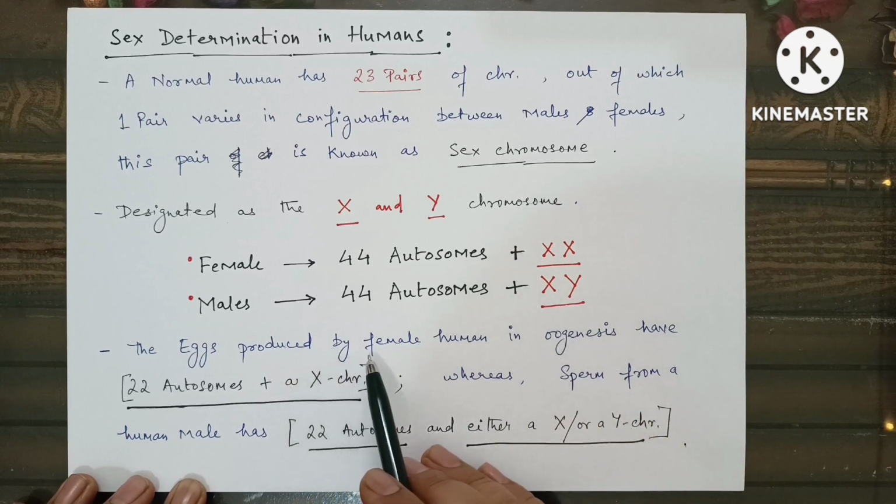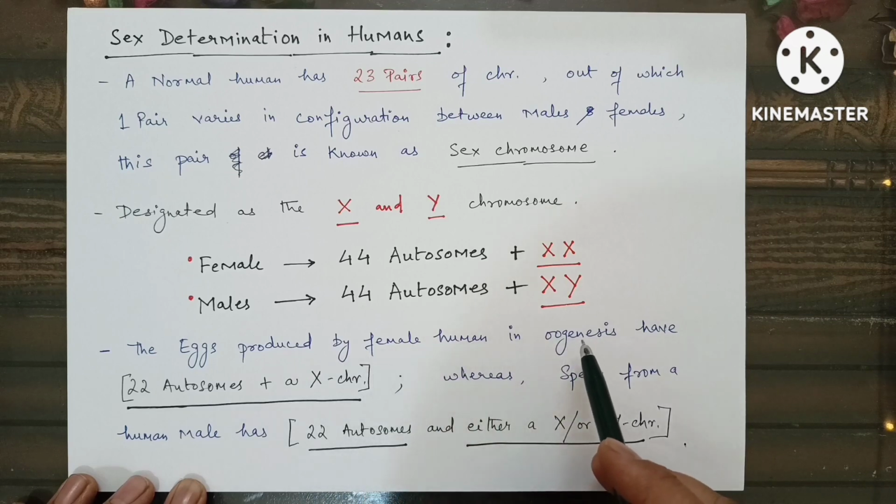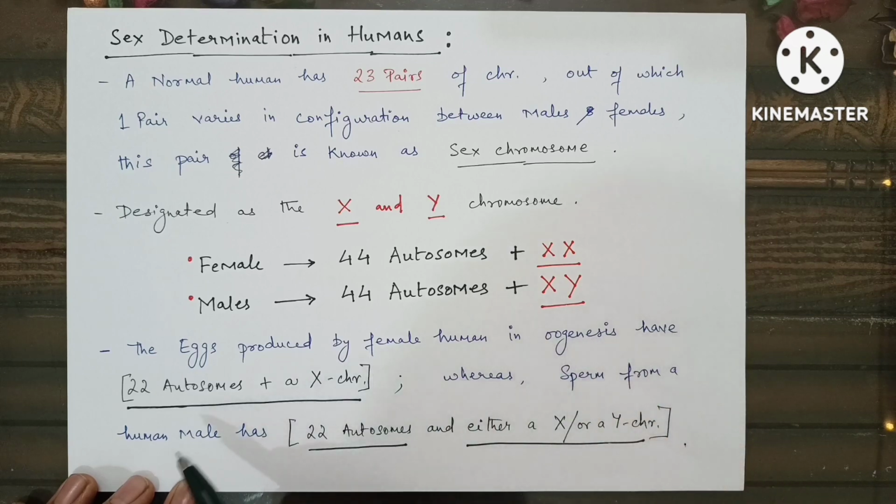The eggs produced by human female during oogenesis have 22 autosomes plus 1 X chromosome, whereas the sperm produced by a human male has 22 autosomes and either 1 X or 1 Y chromosome.